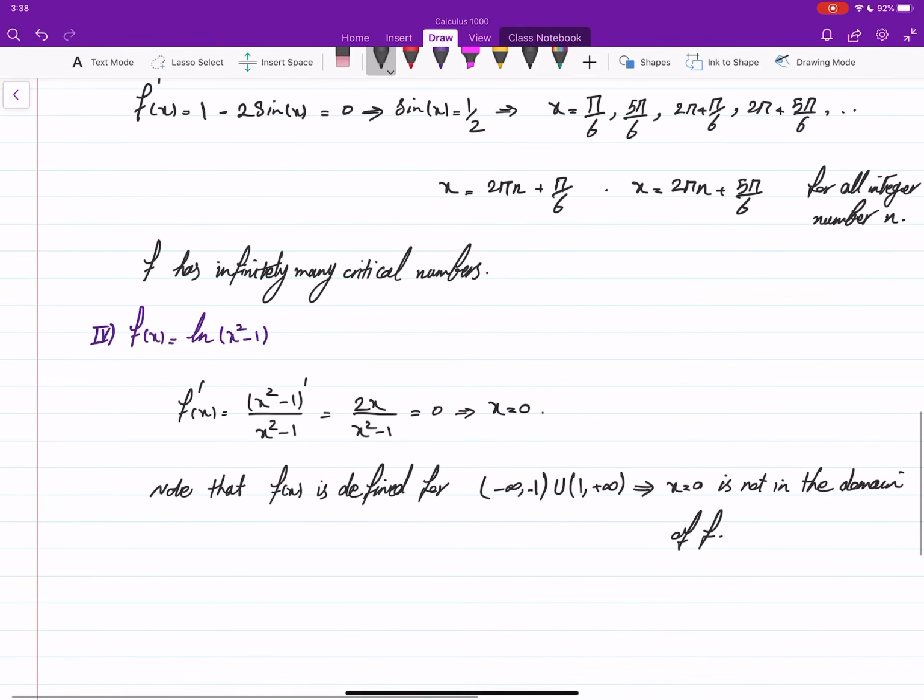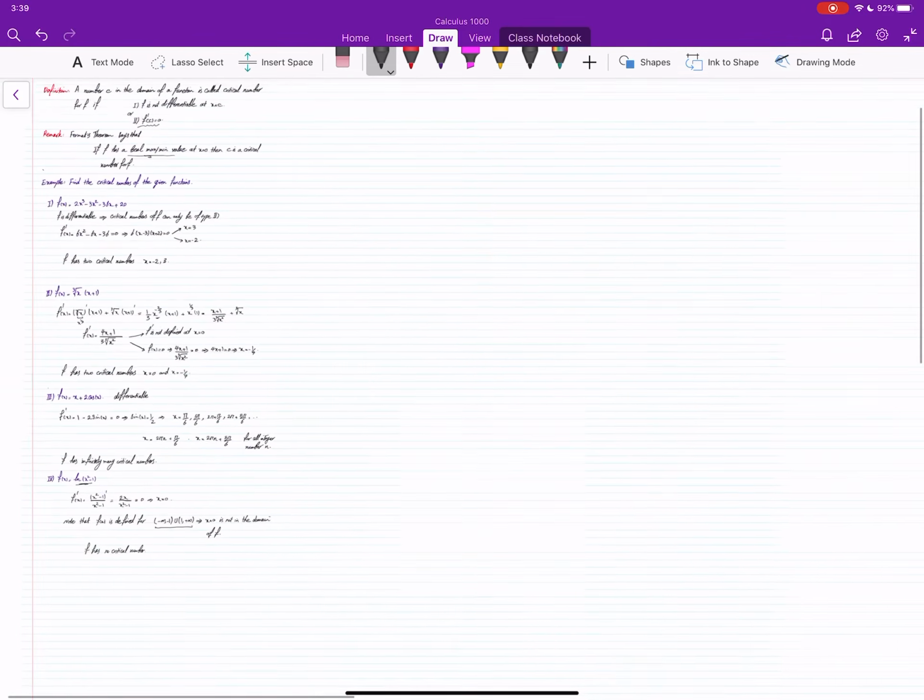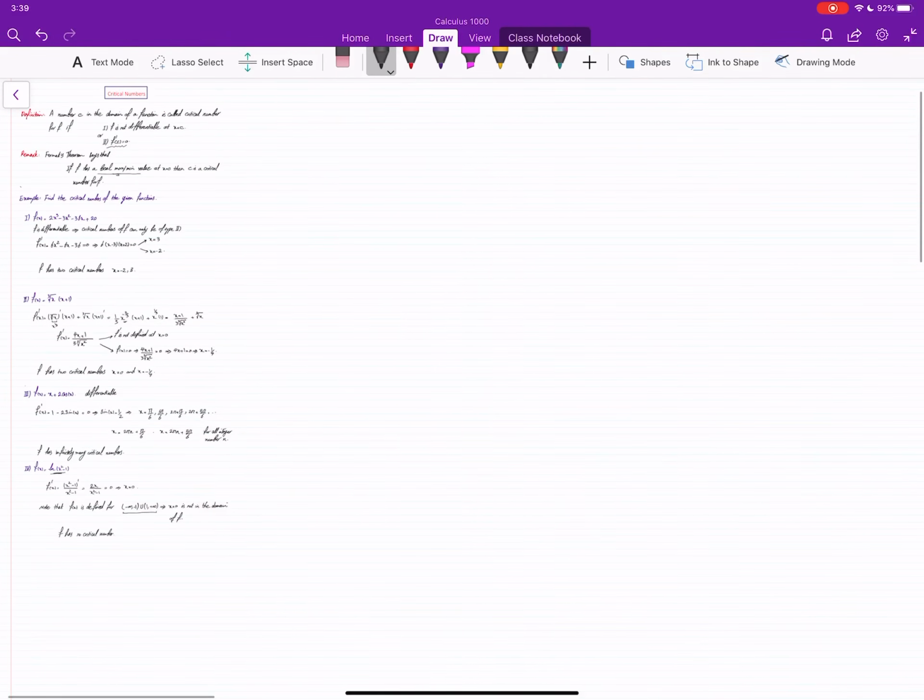And that means that there is no point that makes the derivative 0. So it means that f has no critical number. You have to be careful in these kinds of cases, because this is a good practice: the domain is only from negative infinity to negative 1 and 1 to plus infinity. And these were the examples. We introduced the critical numbers and we did some examples for critical numbers.